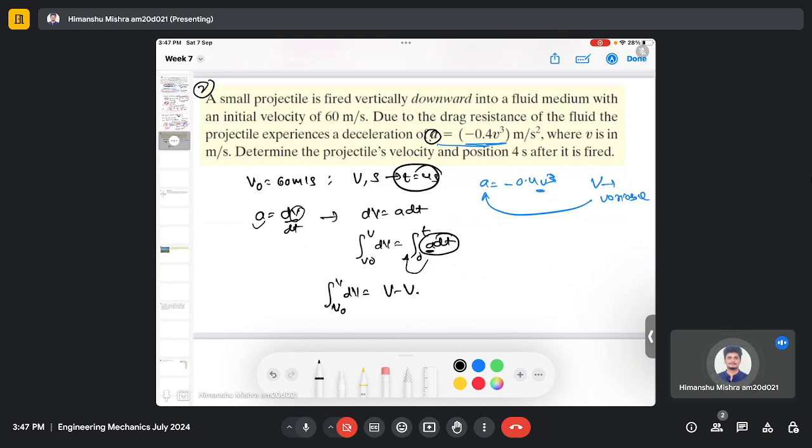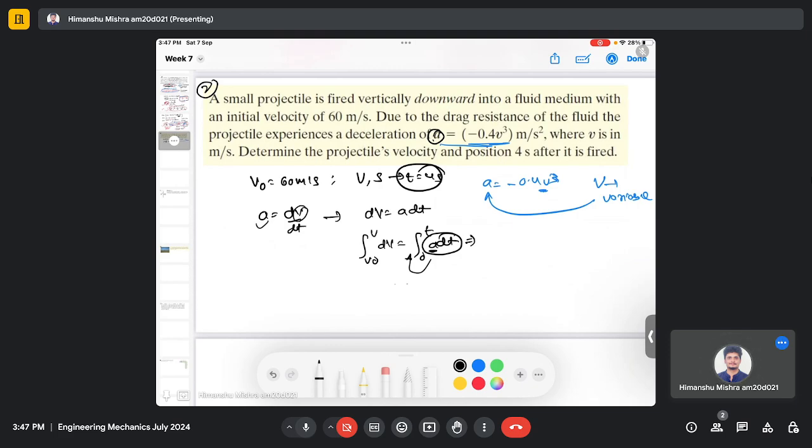This will be v minus v naught equals the integral from 0 to t, and acceleration is given as minus 0.4 v cubed. So wait a minute, I can write this as dv equals minus 0.4 v cubed dt.